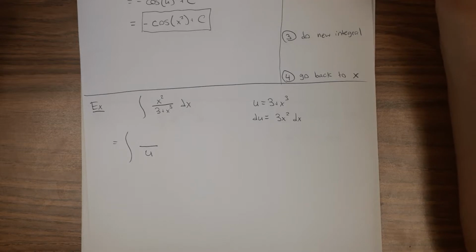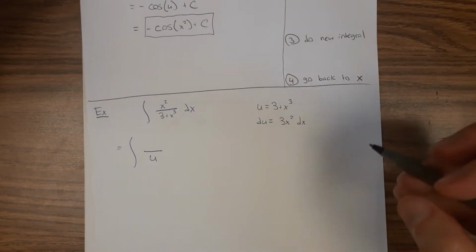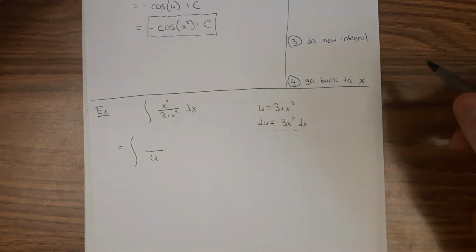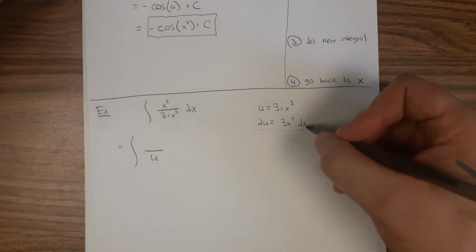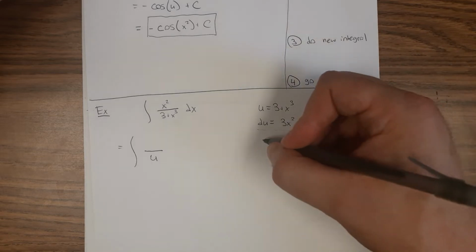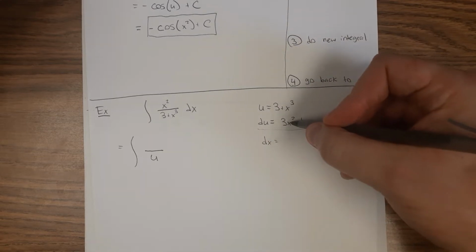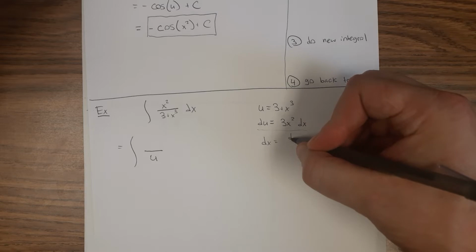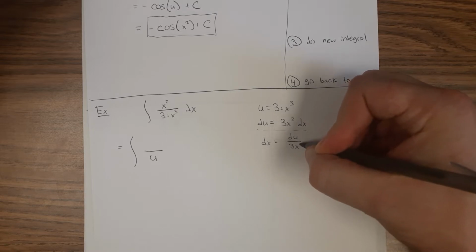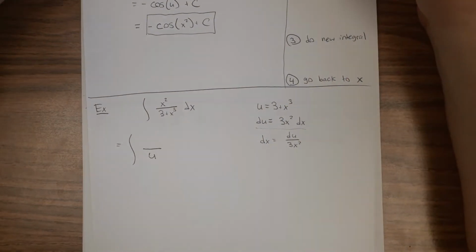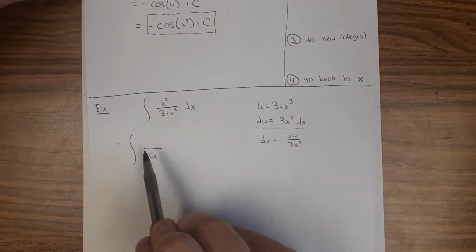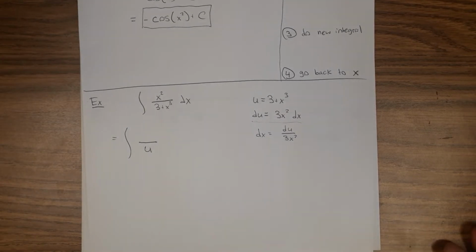Here's a basic trick you can do. Over here, where we found du, I can just solve for dx. I can say dx is du, dividing by 3x squared. Okay, and now watch what I'm going to do. I'm going to have an intermediate step where I have both x's and u's.